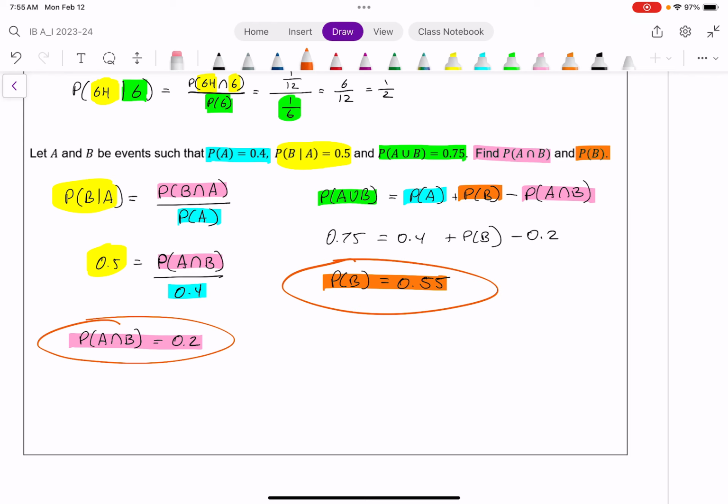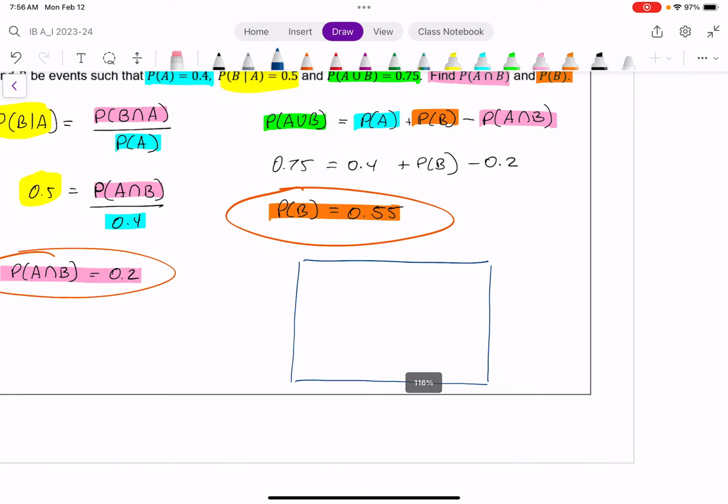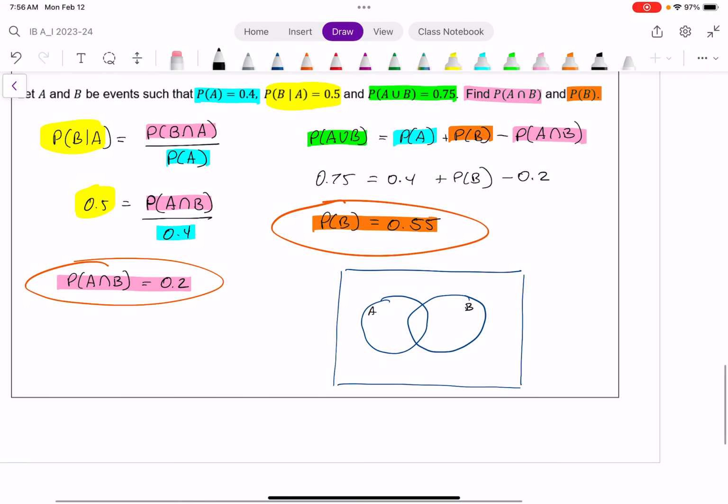Now that's it. Just for a quick check, I want to make a Venn diagram of these probabilities. So I have two events, A and B. I know they overlap. And from what I have figured out here, I can see that the probability of where they overlap, that's this part right here, is 0.2.